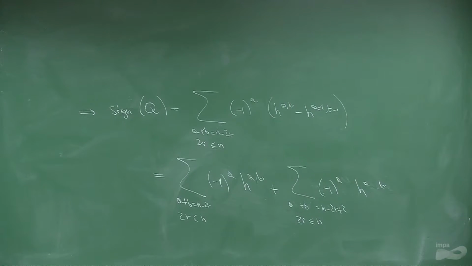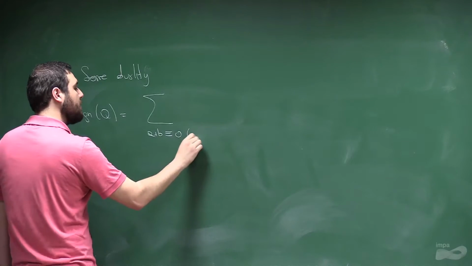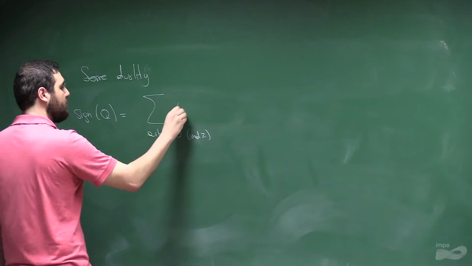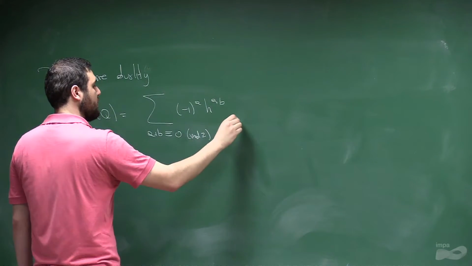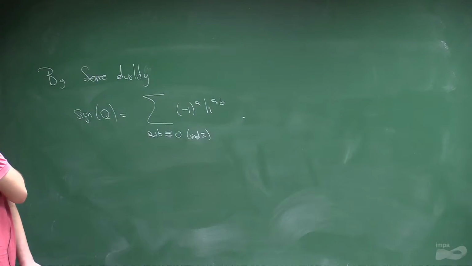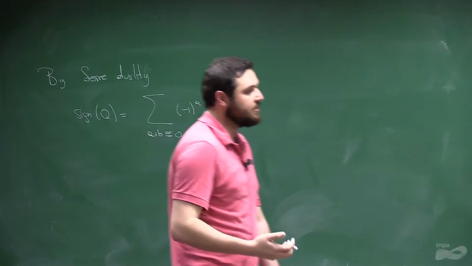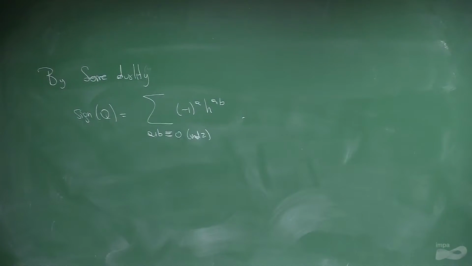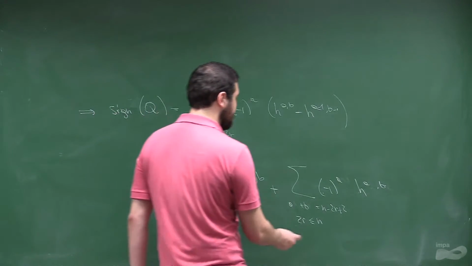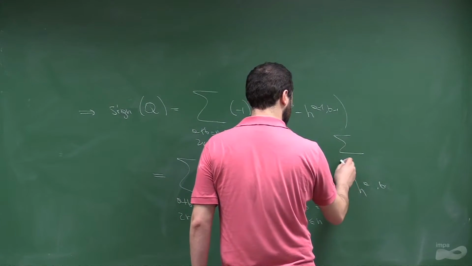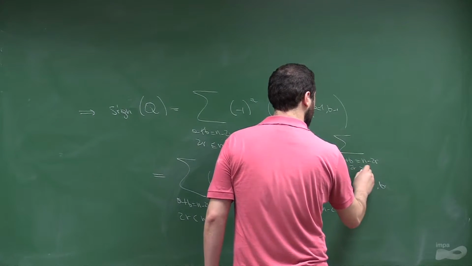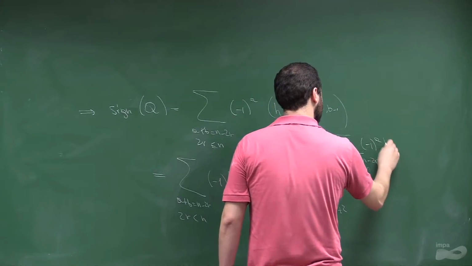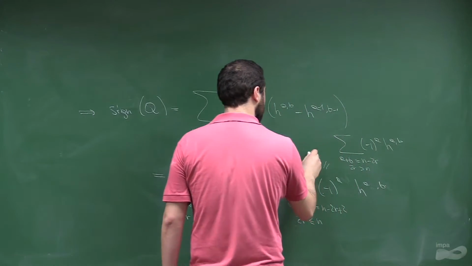I mean, n is even, right? So congruent to 0 mod 2, of (-1)^a h^{a,b}. Right? So I'm using the duality on this second part, in order to attain the values where 2r is bigger than n, right? So this will be equal to, by third duality.